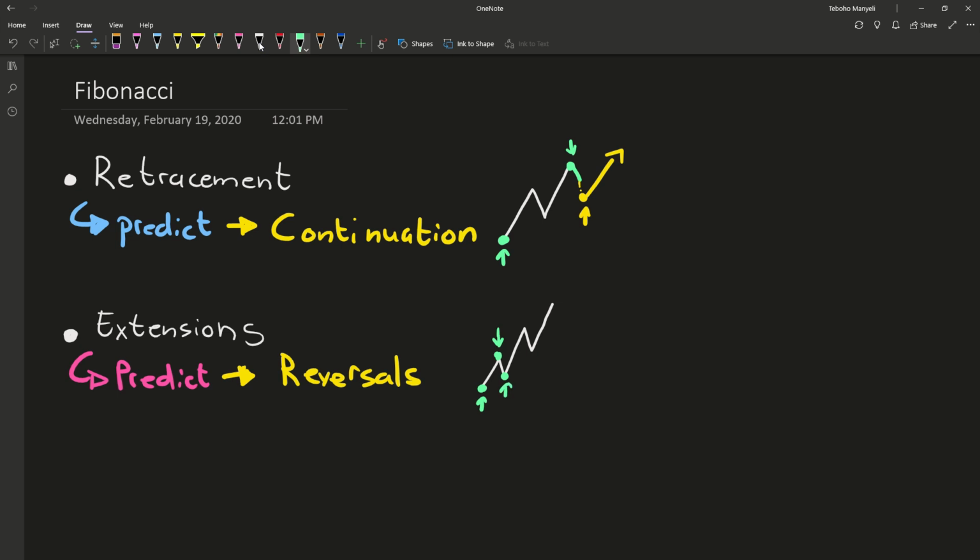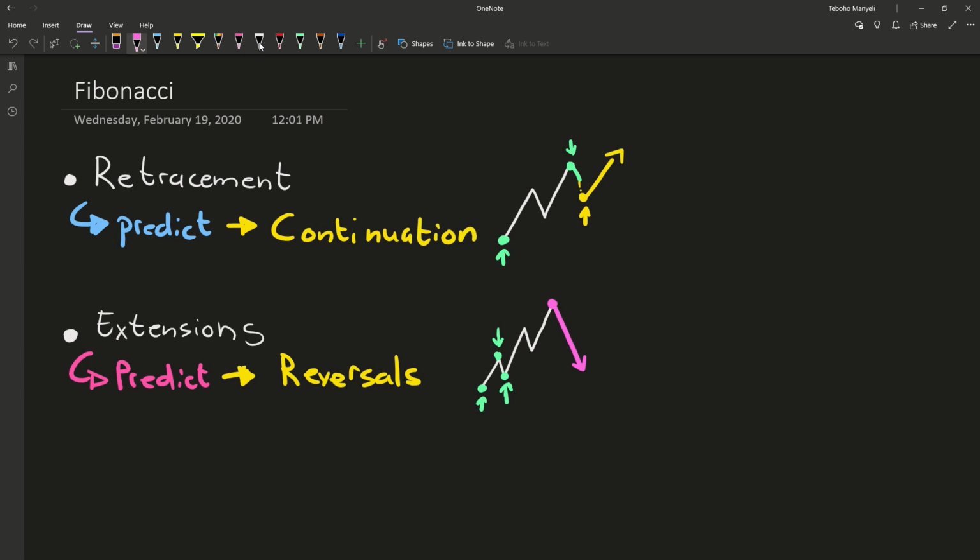So once you have these three pieces of information, the Fibonacci will then help you predict where the market might possibly stop and start reversing from. So these are then known as your reversals. So that's what the Fibonacci is going to help us do.